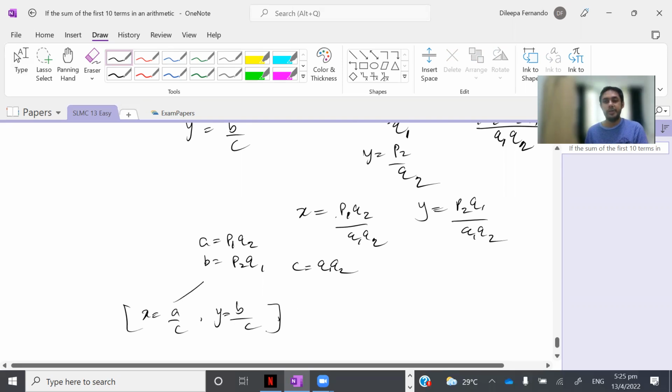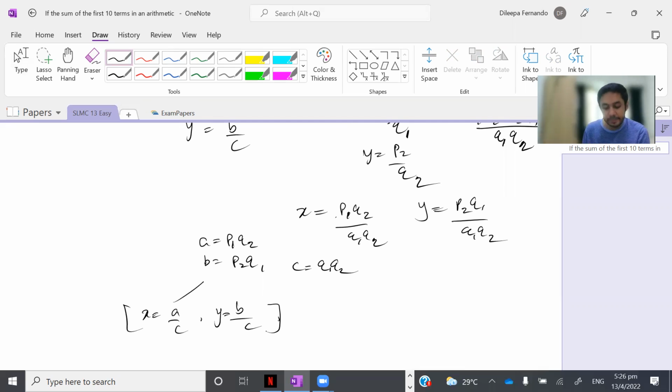Now we have found a way to reduce this xy equation with a, b, c.